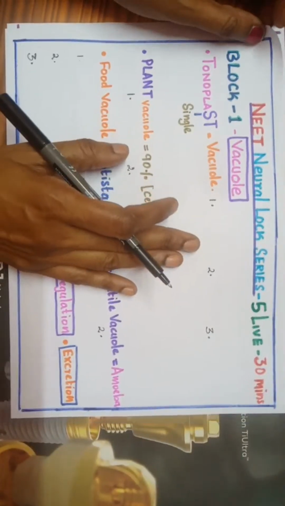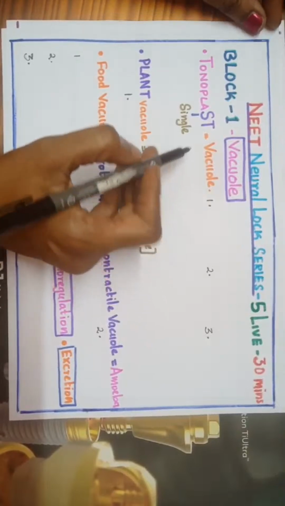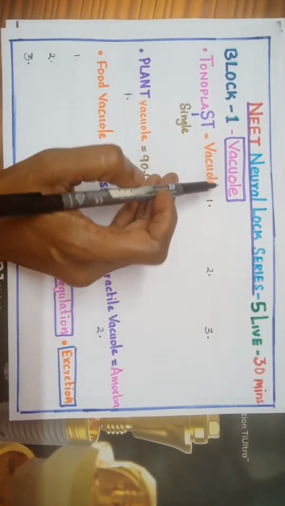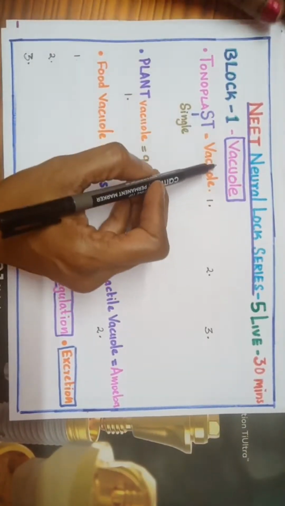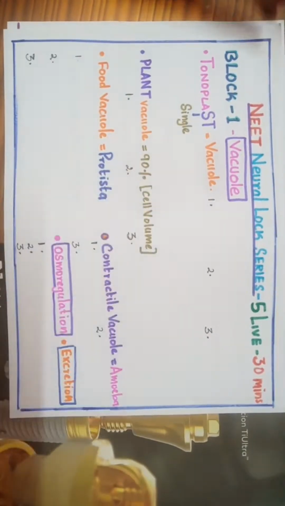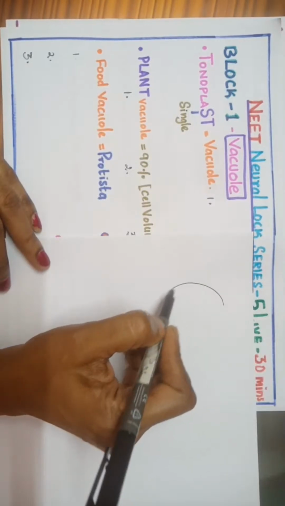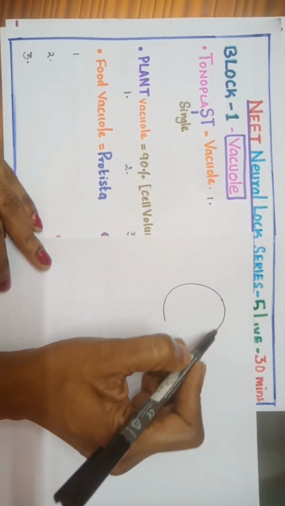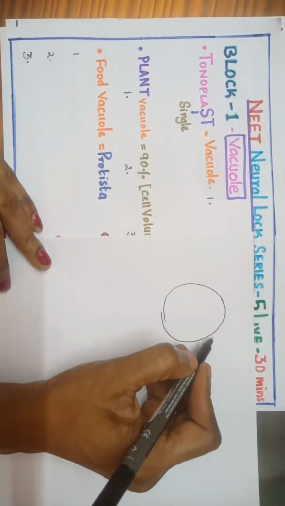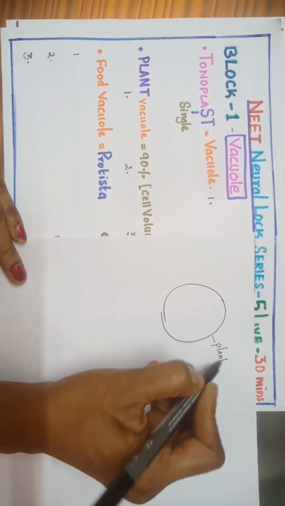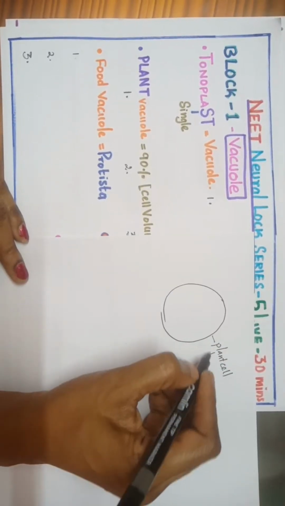So shall we start, students? First is the vacuole. In Block 1, we are going to see about vacuole. You have a plant cell. Just a small diagram for you to understand the plant cell. Plant cell is what type of cell?